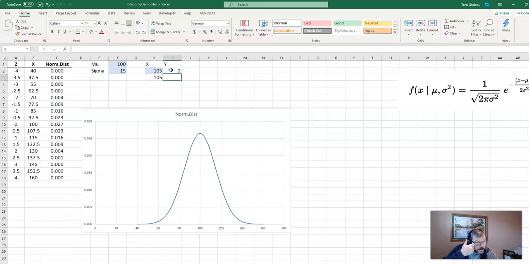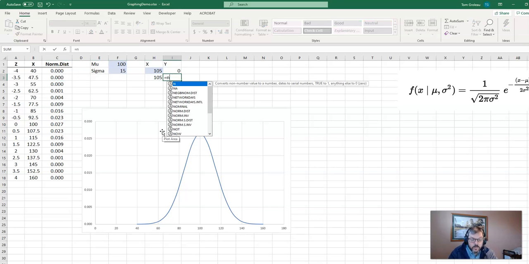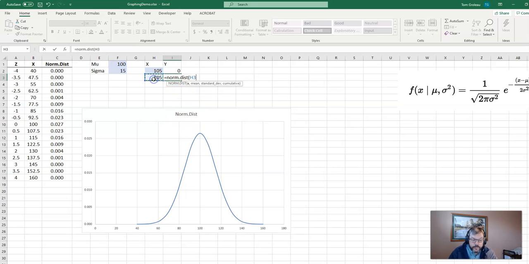I know we talk about not hard coding, but I hard coded my z's, so I'm hard coding this. And now I do the same function I did over here. I'll just retype it. Norm.dist of 105 with this mean, this standard deviation. And again, I want false because I don't want a probability, I want a point on a curve.